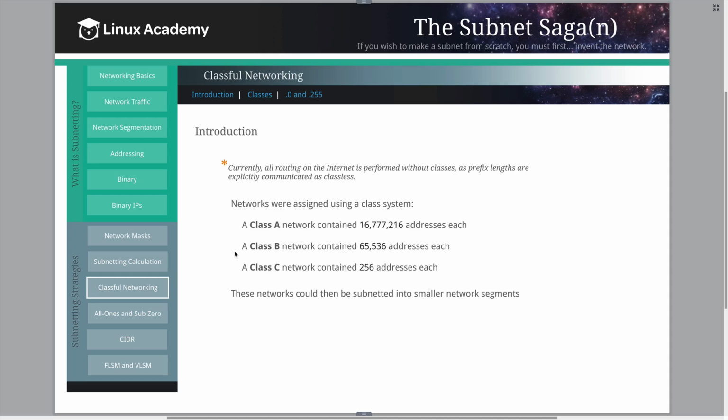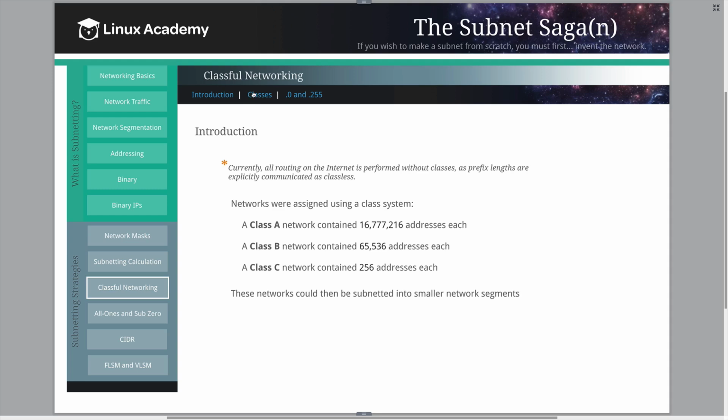So this really was about giving organizations an appropriate amount of address space per their size and requirements. A very small organization might receive a Class C public network. A large org would get a Class B, and the largest of organizations would get Class A.